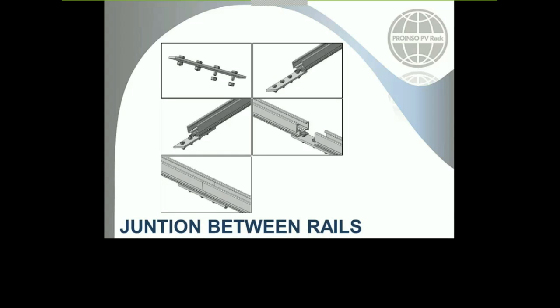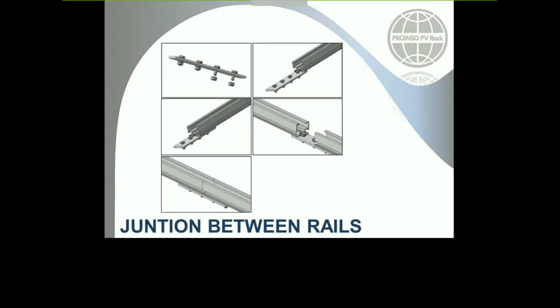We always recommend, because of the expansion that the metal has against the heat, where the sun goes directly to them, there are some expansions, okay? So we always recommend not putting more than 10 meters length in junctions in total, okay?